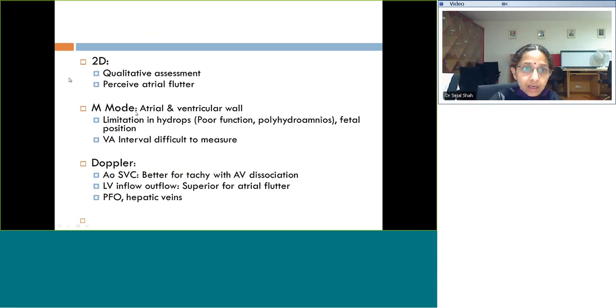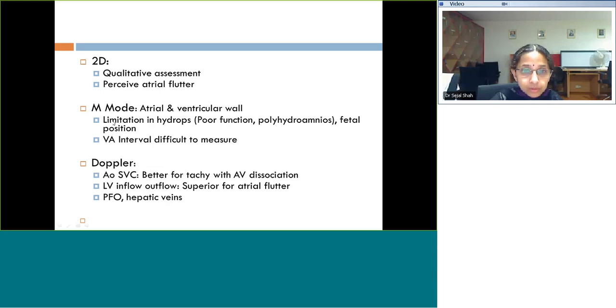On 2D, we can also have a subjective, qualitative assessment of rhythm. And we can also perceive something called flutter. Flutter means the heart is beating extremely fast, especially the atrial movement, which we can see on 2D.